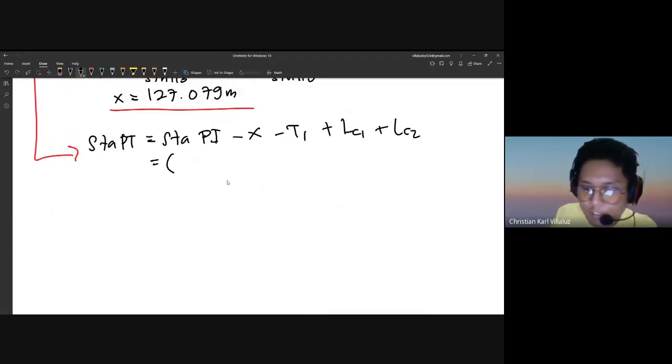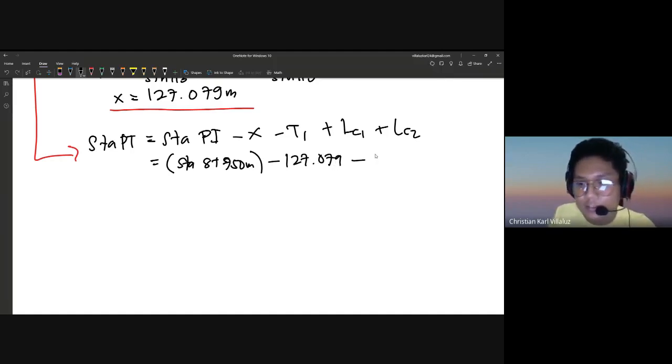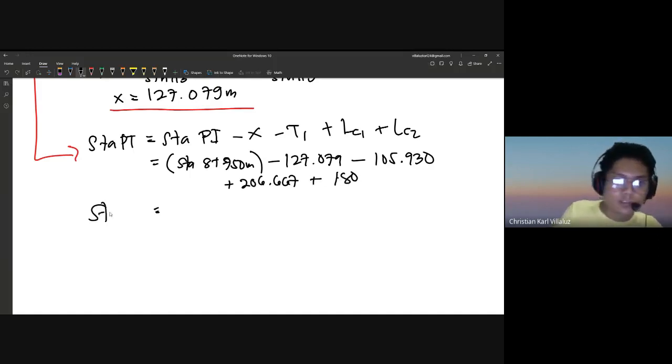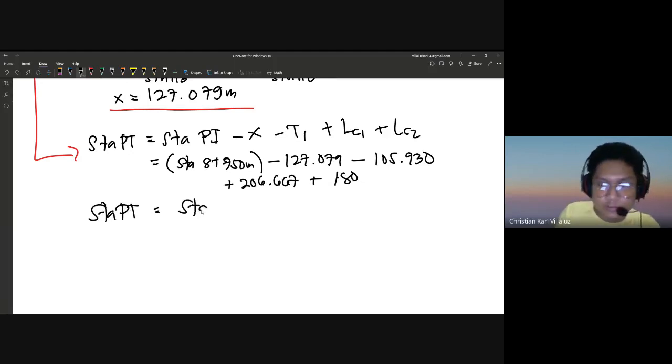Stationing ng PI 8 plus 750 minus x 127.079 minus T1, na-compute natin kanina, 105.930 plus LC1, 206.667 plus LC2, 180. So, the stationing of PT is station 8 plus 903.658 meters.